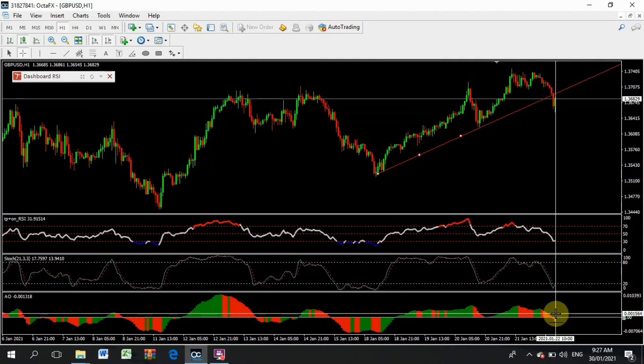You just use the awesome oscillator to stay more in that trade. It's just to know that okay, the trend is up or the trend is down. That's what we use the awesome oscillator for in this situation. What we base on in this strategy to enter our trade is the stochastic oscillator and the RSI.